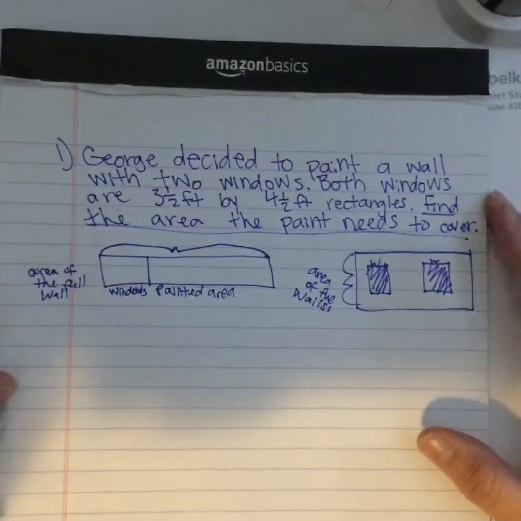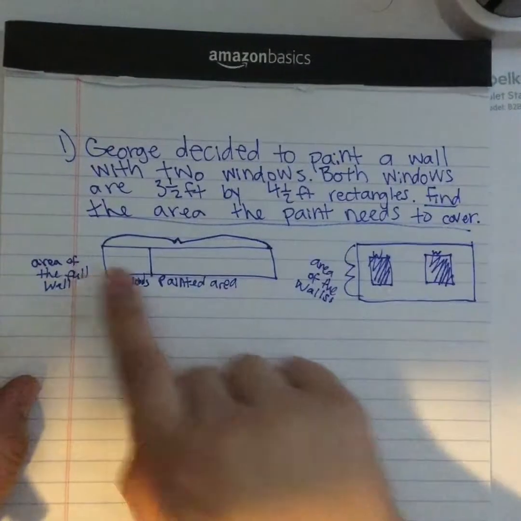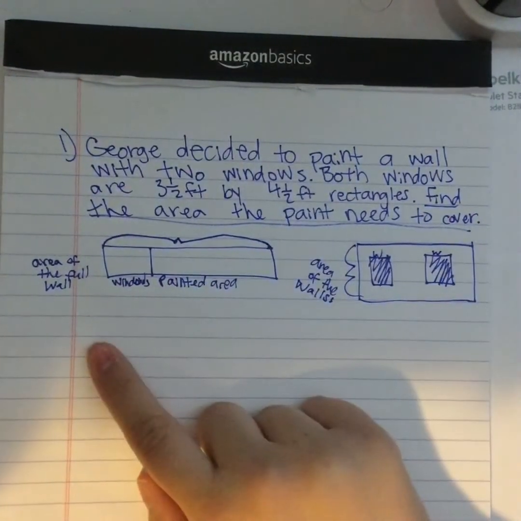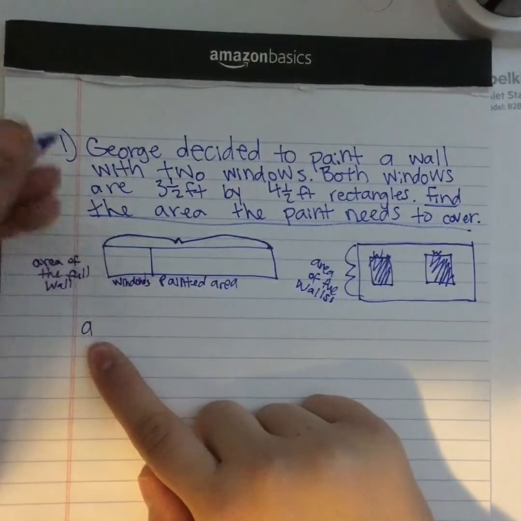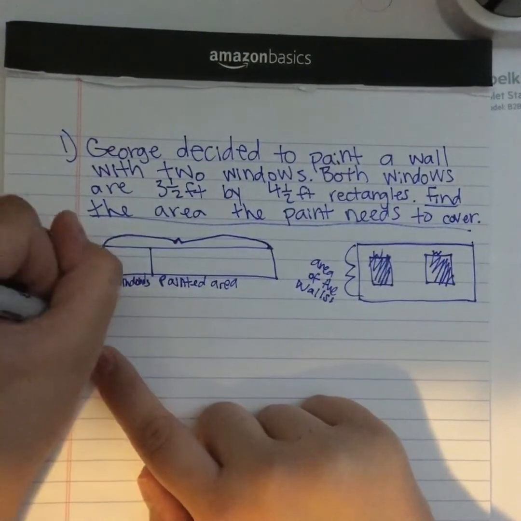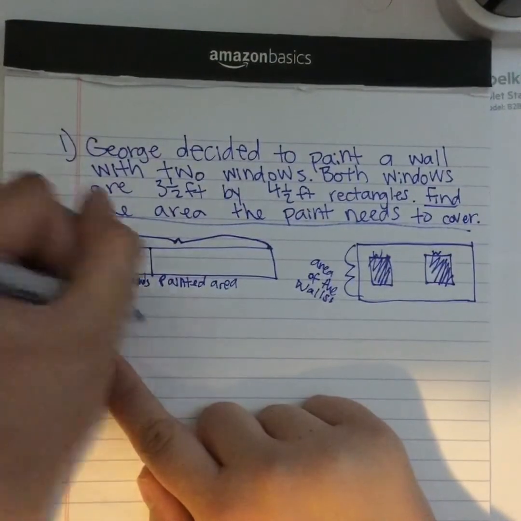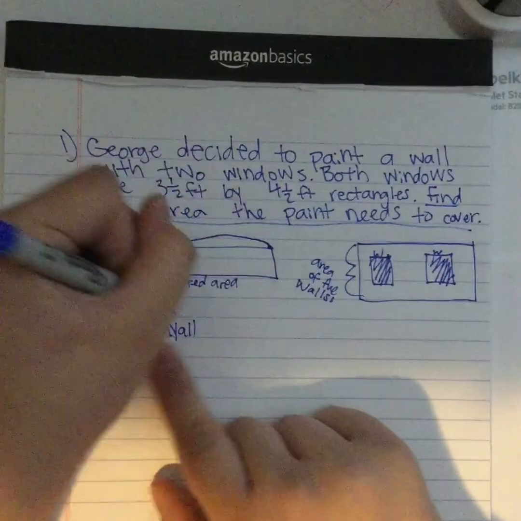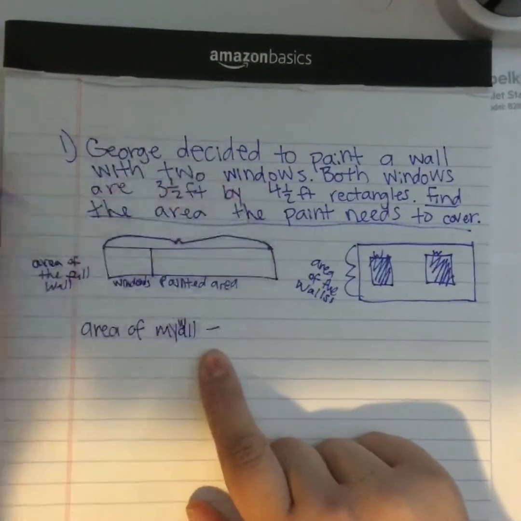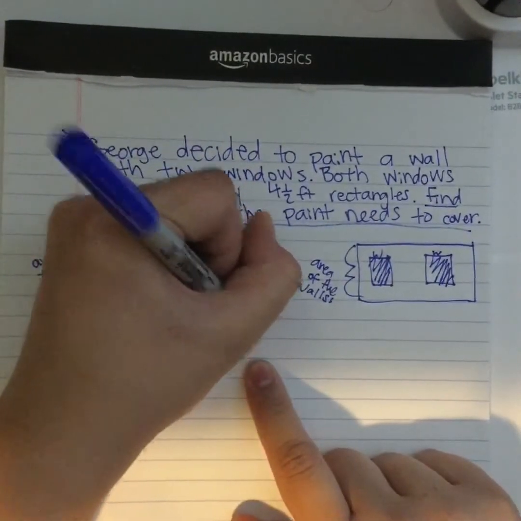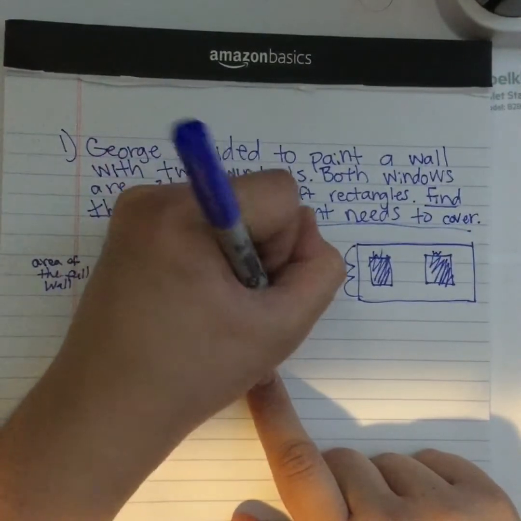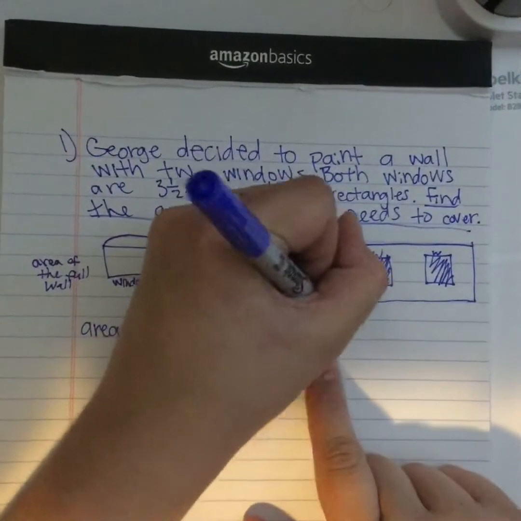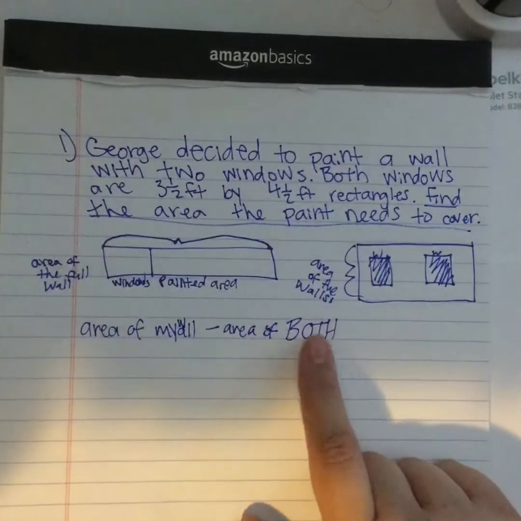So when I'm thinking about something that is not a window, and I look at both of my visualizations, thinking about a problem that I could use to solve it, I would say the area of my wall minus the area of my windows, and I'm going to put both windows in bold so I remember that I need to account for both of the windows.